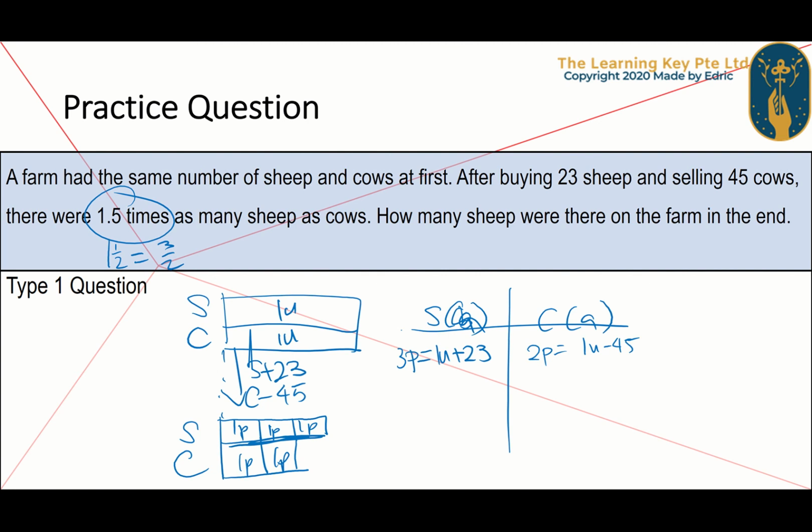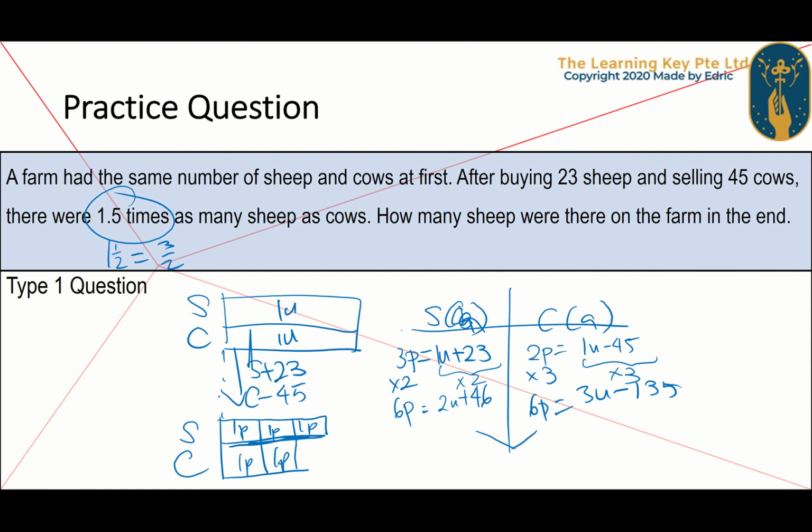We cannot work like this because we need to make the p equal. So 6p equals 2 units plus 46, and 6p equals 3 units minus 135. Where did I get all these numbers? I multiply everything here by 3, and multiply everything here by 2. So I can do it now.